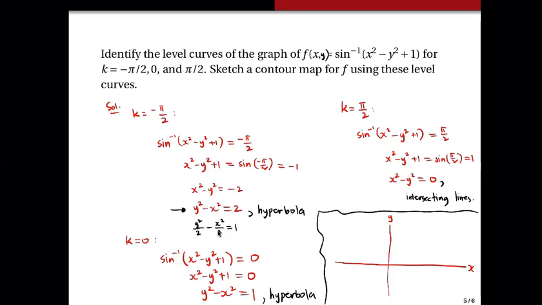So suppose this is 1 here, this is 1 here, negative 1 here, negative 1 here. Square root of 2, it's roughly 1.414. So let's say we have this part here, this part here, this part here, and this part here. So you sketch the square or the rectangle.